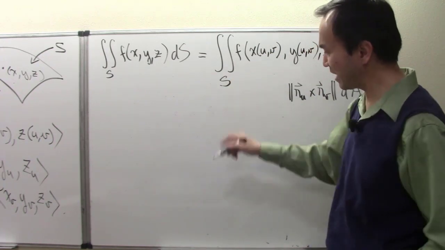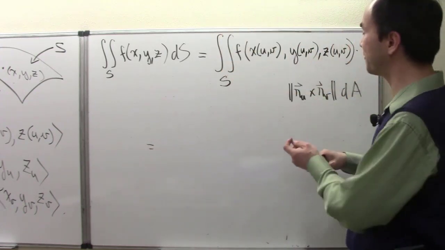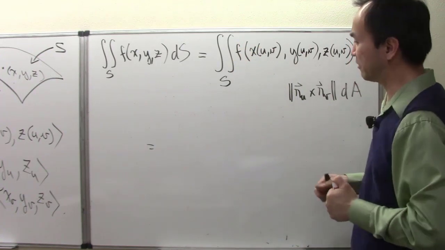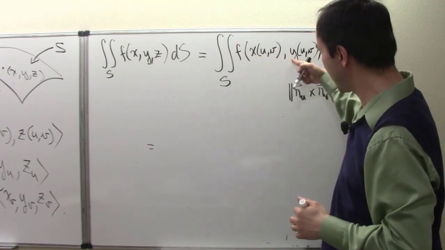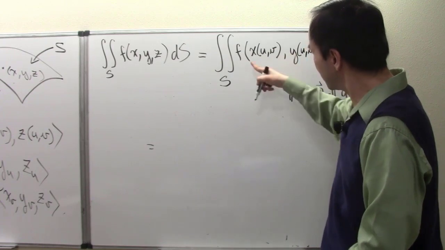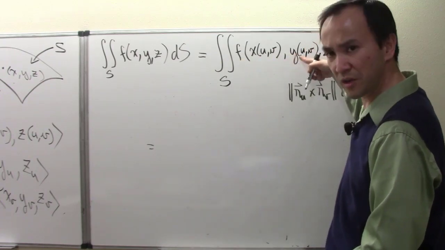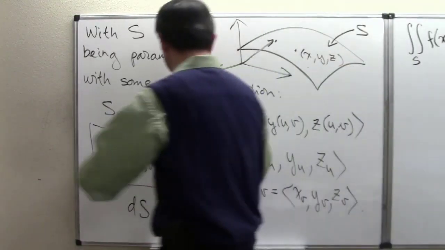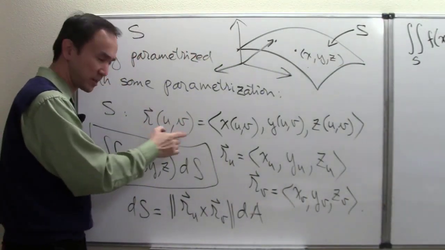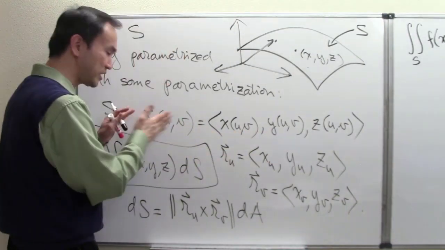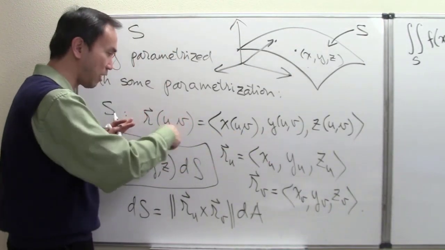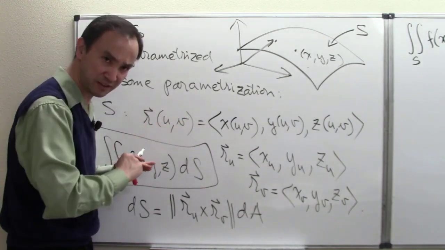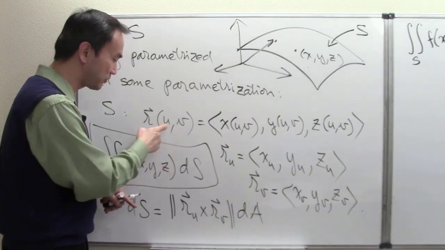But at this point, let's make a major switch. Now we have substituted u and v, and we redefine the meaning of our x, y, and z. The function f is now only dependent on u and v. And from this parametric description, of course I didn't write it here, anytime you have a parametric description, it always comes with some domain for u and some domain for v, or a general 2D domain for both u and v.